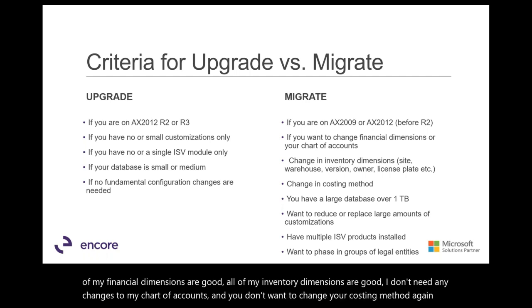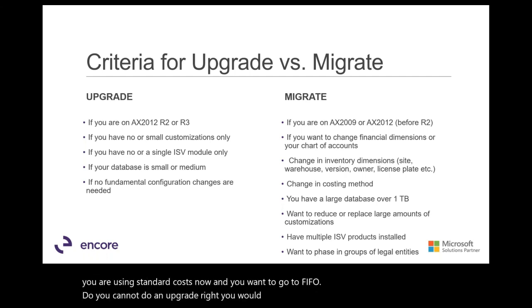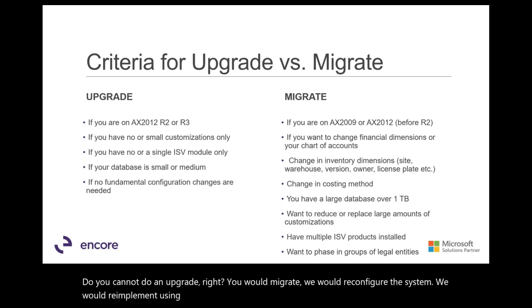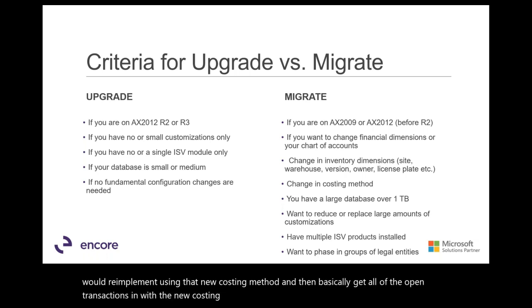If you are using standard costs now and you want to go to FIFO, you cannot do an upgrade. You would migrate, we would reconfigure the system, we would re-implement using that new costing method, and then basically get all of the open transactions in with the new costing method to do that cutover.